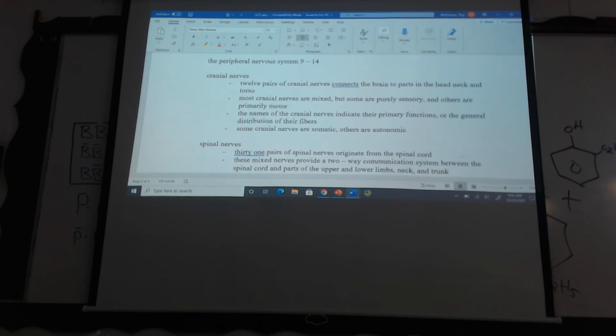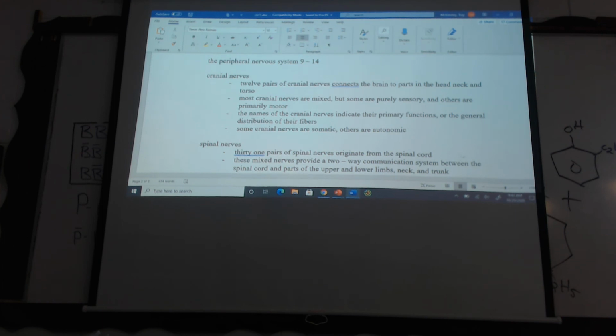But probably some of the biggest things from this chapter are the functions of the brain, especially in that autonomic nervous system. Why is it the autonomic nervous system? What does it break down into? And it's what we call a PNS, not the peripheral nervous system.